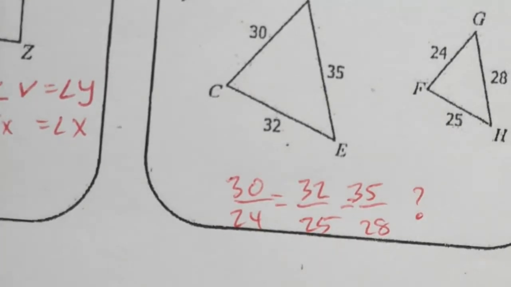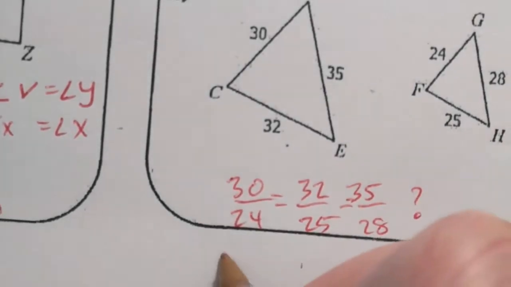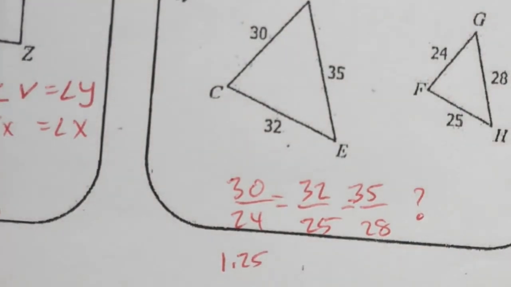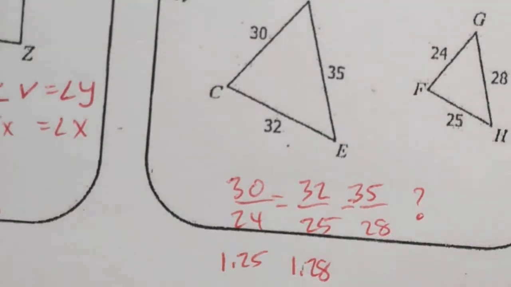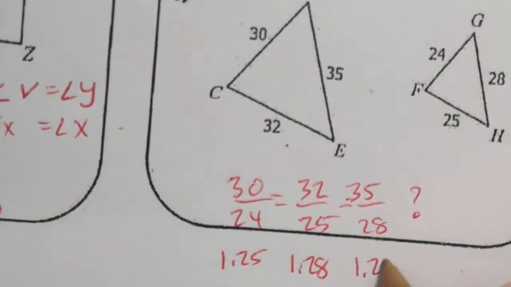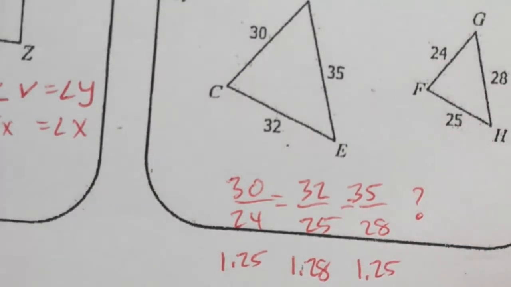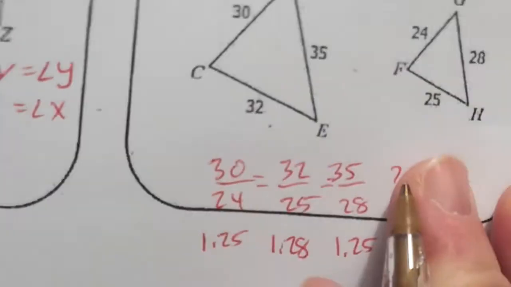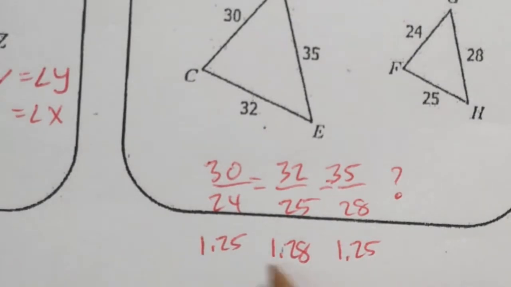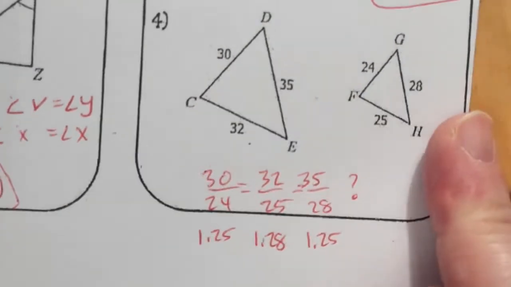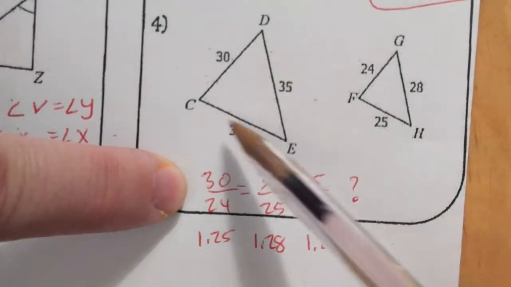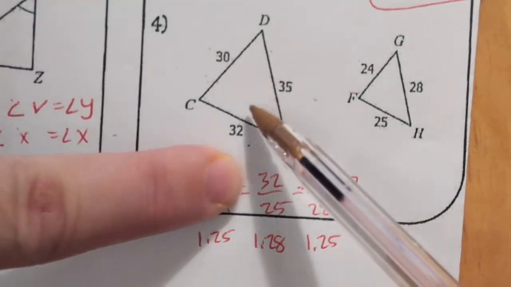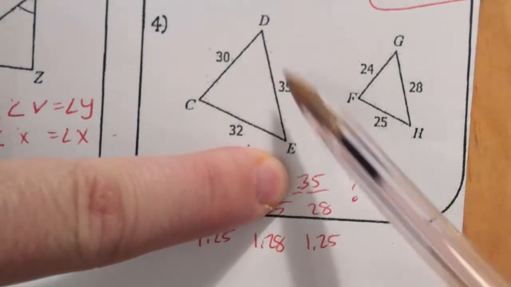All right, so let's check. So if we do 30 divided by 24, that'd be 1.25. 32 divided by 25, that would be 1.28. And then 35 divided by 28, that'd be 1.25. Okay, now hold on a second. Does that feel right? No, look at this. They had different decimals. Okay, let's double check. Did I actually write down the numbers correctly? Because maybe I just did a typo. So let's see. 30, yep. 32, yep. 35, yep.